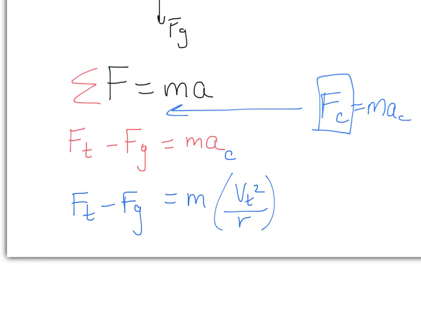Think about it. Tension would be acting this way. If I freeze frame this right here, tension is pulling in your direction, to your left, correct? Because the object wants to go this way, but tension is pulling back this way. Gravity is pulling down.